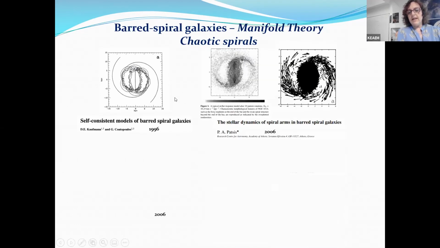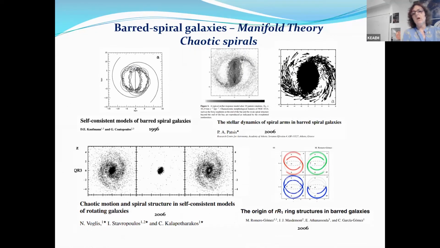And a decade later, almost simultaneously, two groups introduced the manifold theory for chaotic spirals: here at the Center for Astronomy of the Academy of Athens, as well as in Marseille, introduced by Romero-Gomez and Harsoula. They have shown that chaotic orbits can support, in this case, the spiral arms.